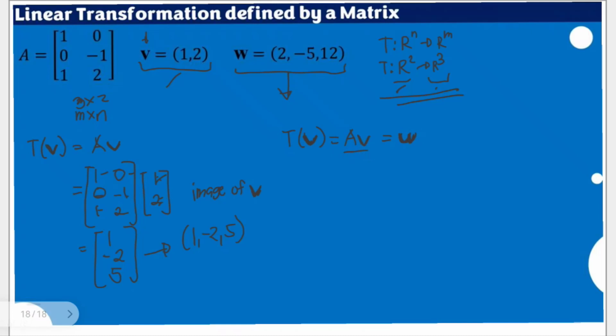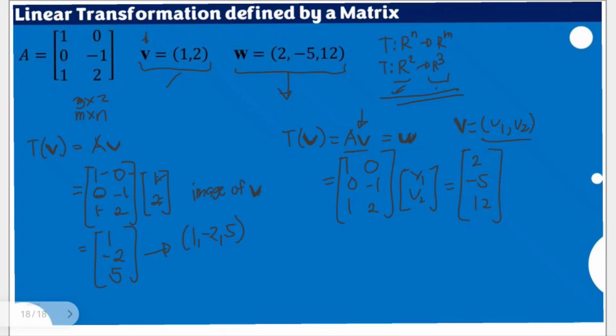Then we are going to solve for vector V. Since our vector V is in our domain R2, it has components V sub 1 and V sub 2. We substitute our matrix 1, 0, 0, negative 1, 1, and 2, multiplied with vector V, V sub 1, V sub 2, which is equal to your vector W: 2, negative 5, and 12.